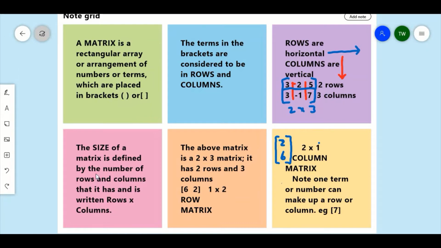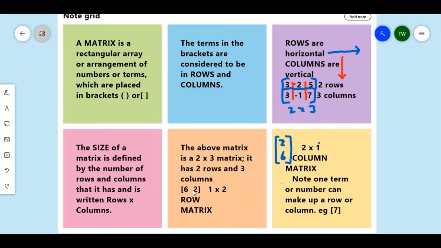The size of a matrix is defined by the number of rows and columns that it has and is written row times column. So here, the above matrix is a 2 by 3 matrix. It has 2 rows and 3 columns.